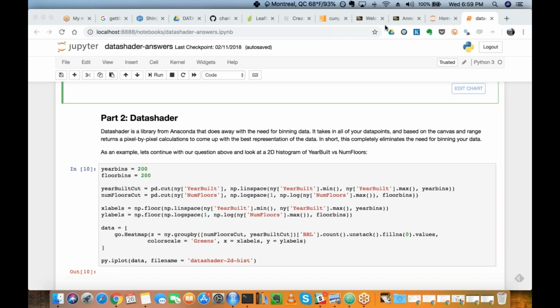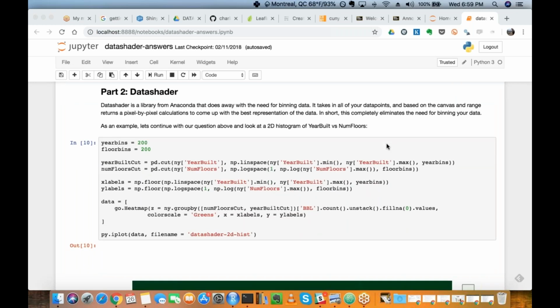Cool. So for Datashader, the question was a bit more straightforward, and I designed it that way because, as people mentioned in the beginning, it's a bit rough around the edges, and it's something that I really wanted to expose everyone to and get them to think about.